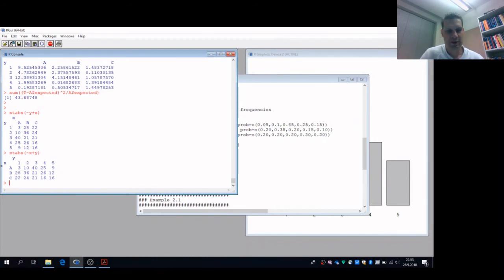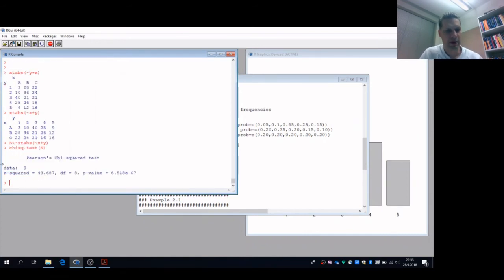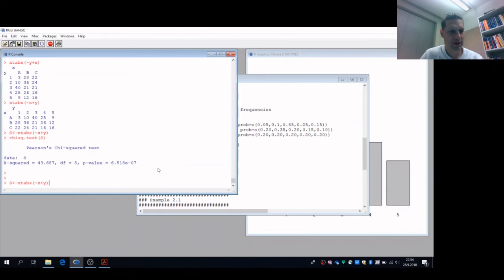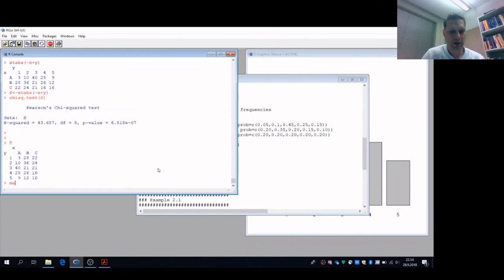Also, the inference itself does not change at all. If I call that now an S table, then the chi-square test for this S table gives us exactly the same test statistics and p-values and so on. And one thing is that whatever way you have created your table, for example, if you have a D table, you can call this margin table.